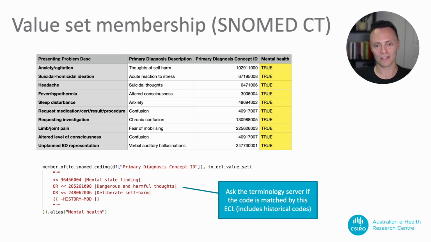The second argument is a FHIR value set that is known to the terminology server. In this case, it is a SNOMED CT expression that describes concepts related to mental health. The result of the function is a true or false value against every code in the dataset. This could be useful for patient cohort selection or categorization of data.